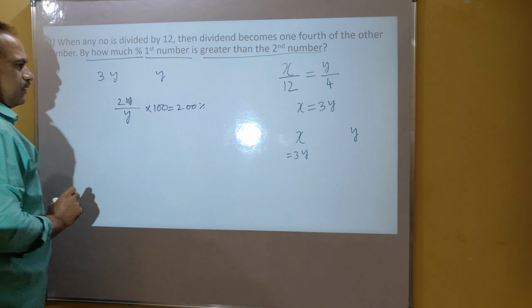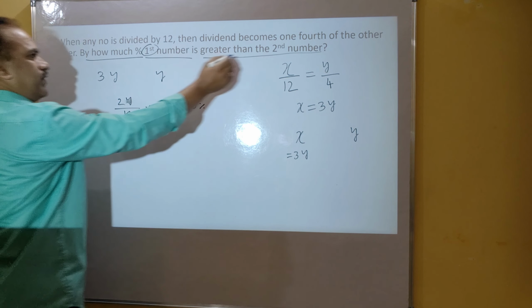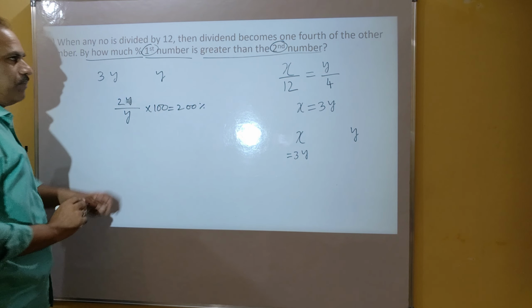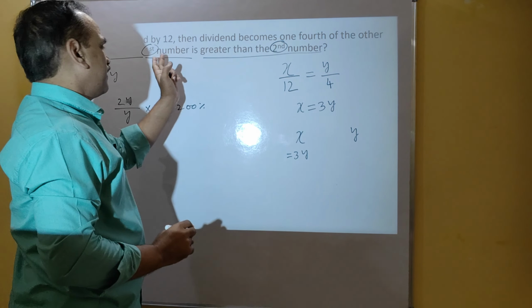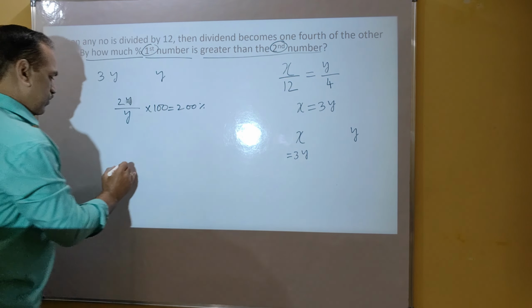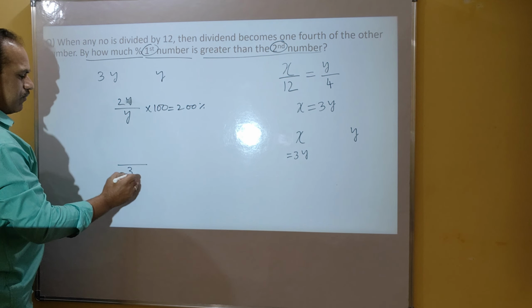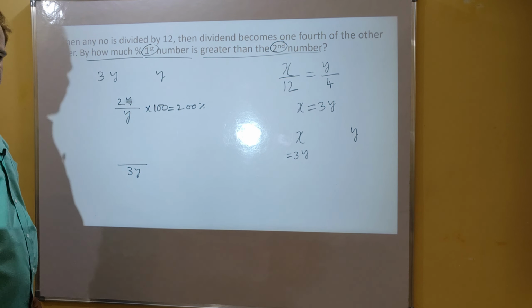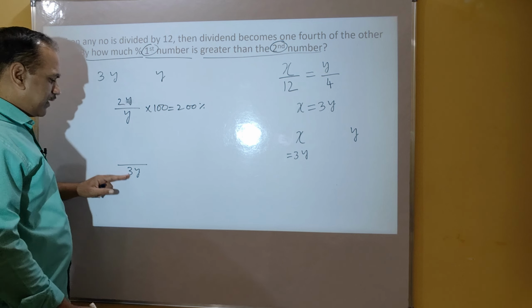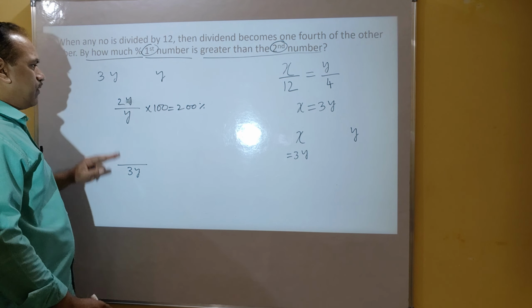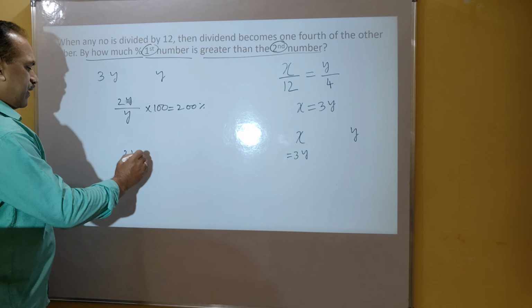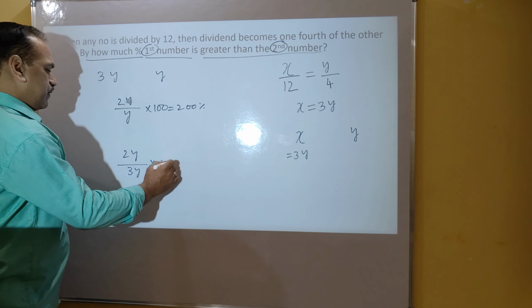Suppose you are asked to find how much percent the second number is less than the first number. That means you are comparing with the first number. You are comparing the second number with the first number. So in the denominator you have to take the first number. Now what is the difference? It is 2y again into 100.